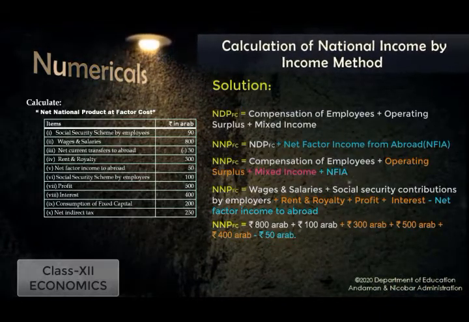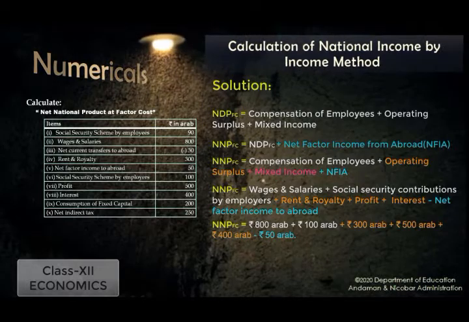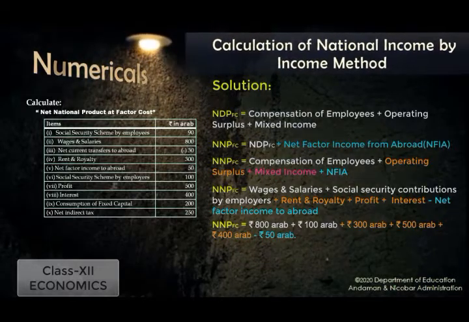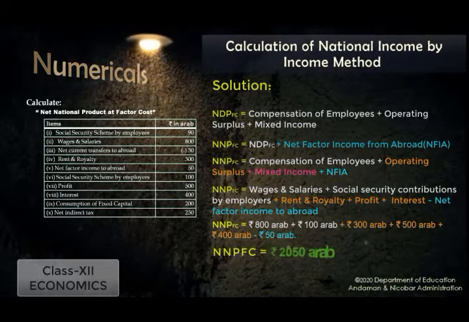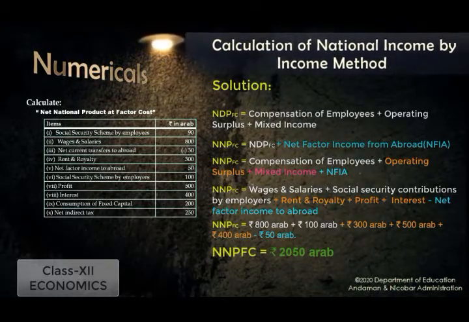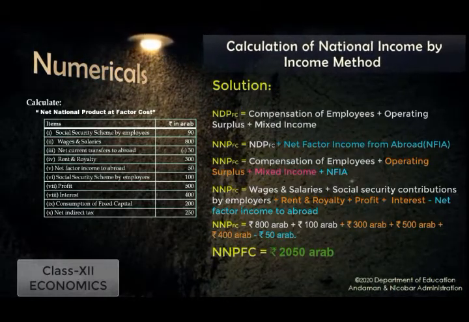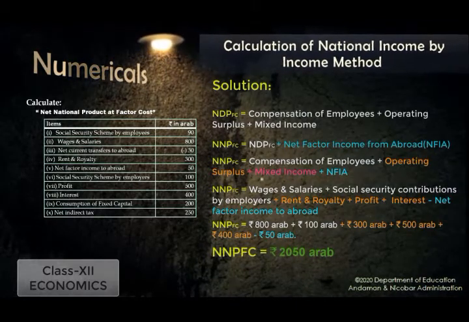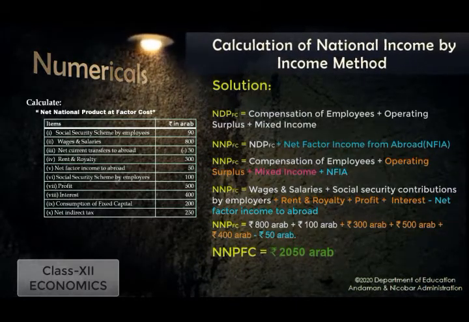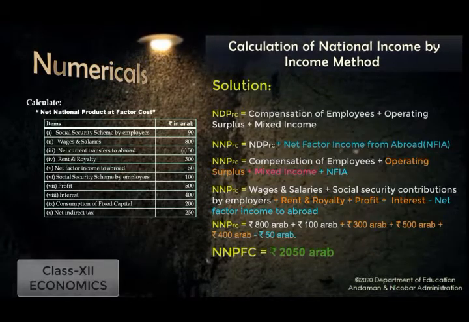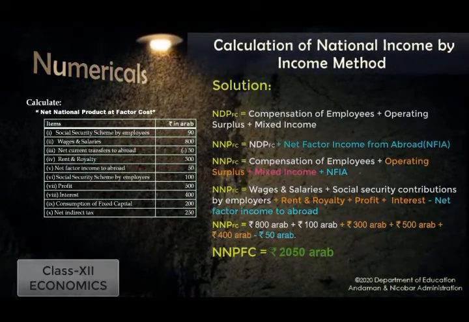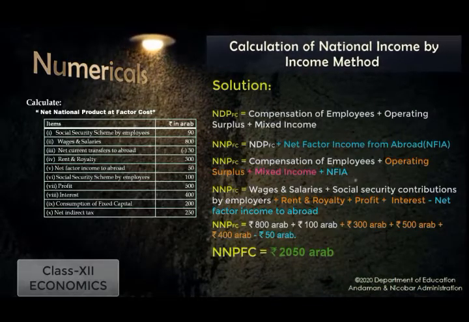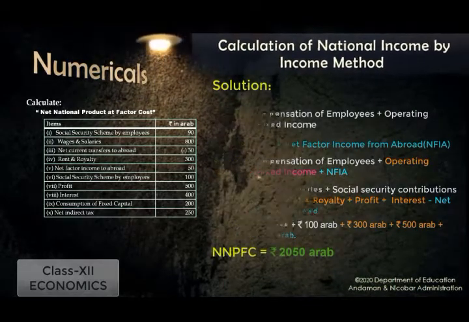Here we will subtract the value of 50 Arab. Altogether, by this calculation we get the value of NNP at factor cost as 2050 Arab as the value of national income. Apart from this, the value of net current transfers to abroad is also given in the question, and along with this the value of net indirect tax is also given. These items should be ignored while calculating the national income through income method.